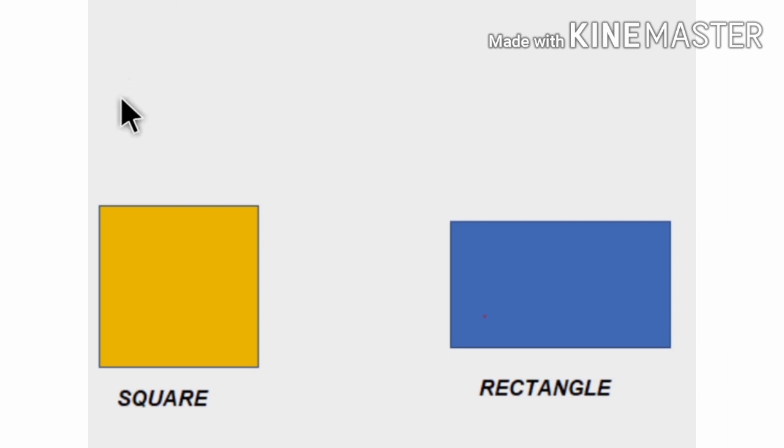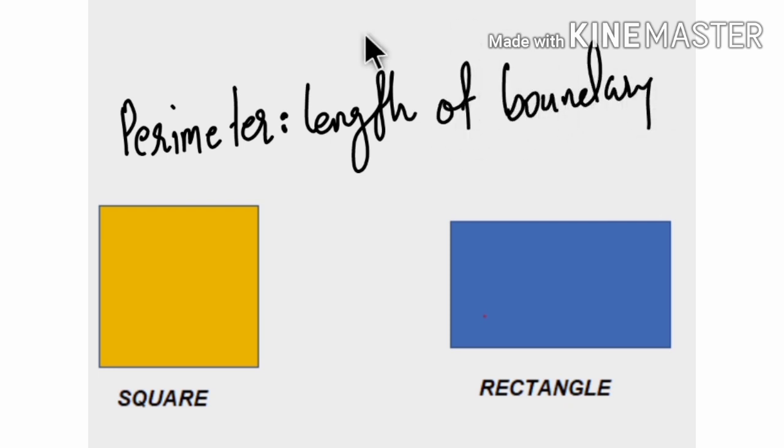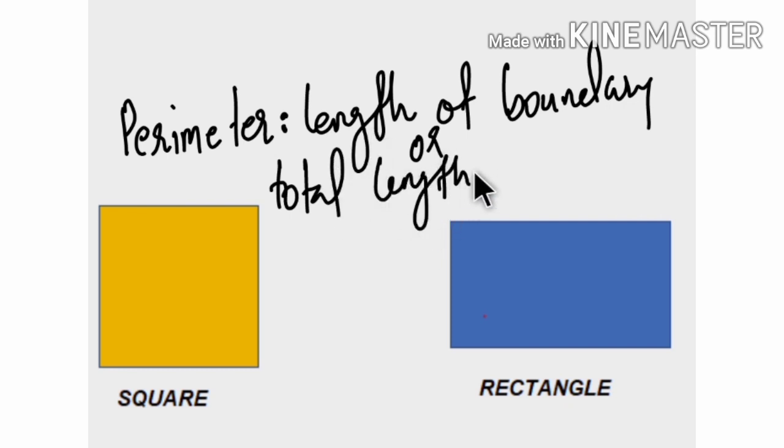Now let's define what is a perimeter. Perimeter can be defined as total length of boundary, or total length of sides.